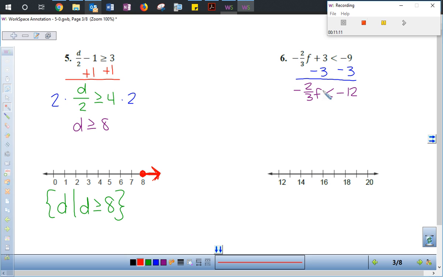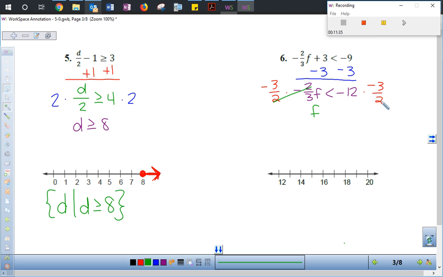Now remember, we do not divide by fractions. Instead, we multiply by the reciprocal. So I'm going to multiply each side by the reciprocal, which is negative 3/2. And over on the left side, it'll cancel out and leave me with f. On the right side, I'll have a negative times a negative, which is a positive, and then 12 times 2/3.